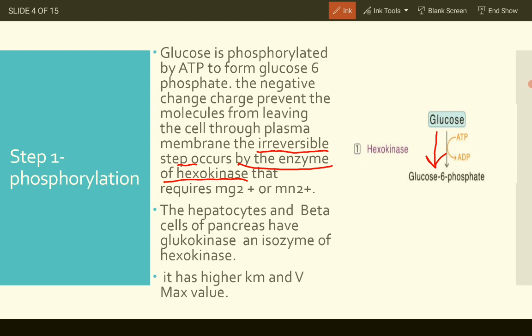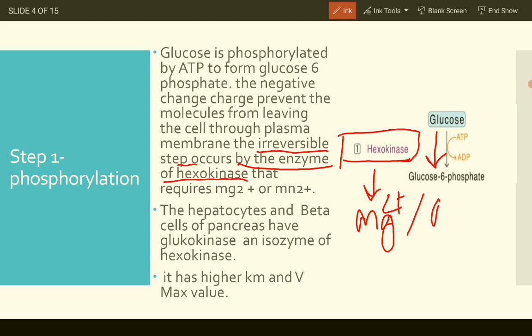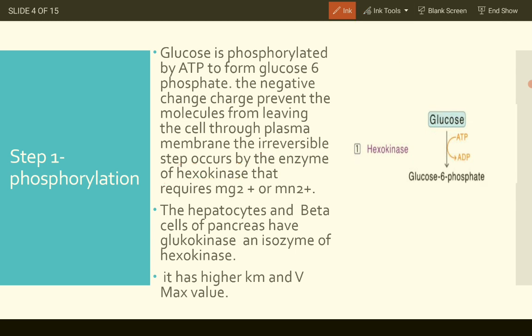It is irreversible and it occurs with the help of the hexokinase enzyme, which requires Mg2+ or Mn2+ as its cofactor. The enzyme requires either this or this ion as a cofactor for it to work. Now another important thing about hexokinase is that the hepatocytes in the liver and the beta cells of the pancreas have an enzyme named glucokinase, which is an isozyme of hexokinase.